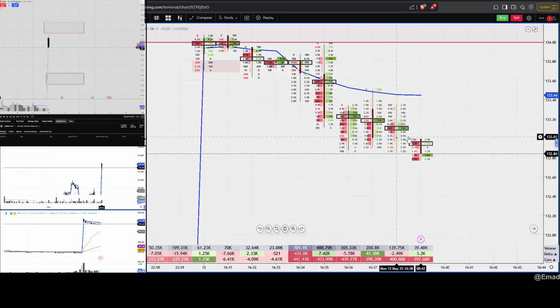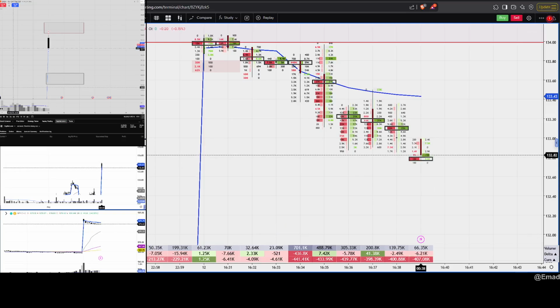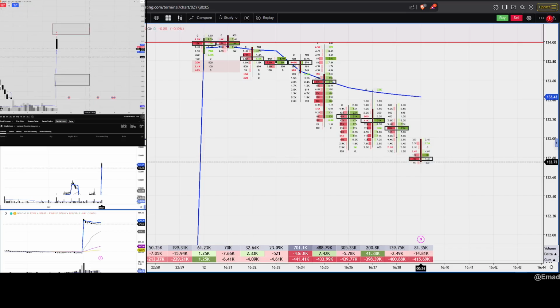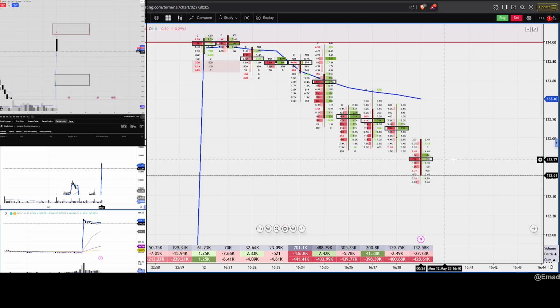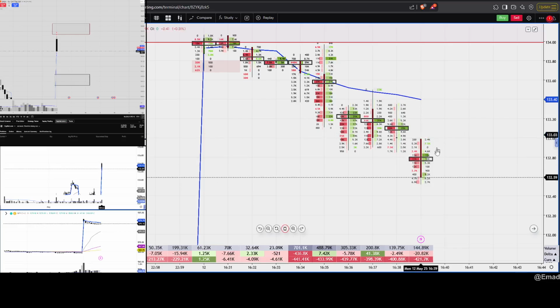Very uninteresting delta. Oh, the price dropped. Yeah, now I'm seeing slight imbalance in this area, in the 133 area.